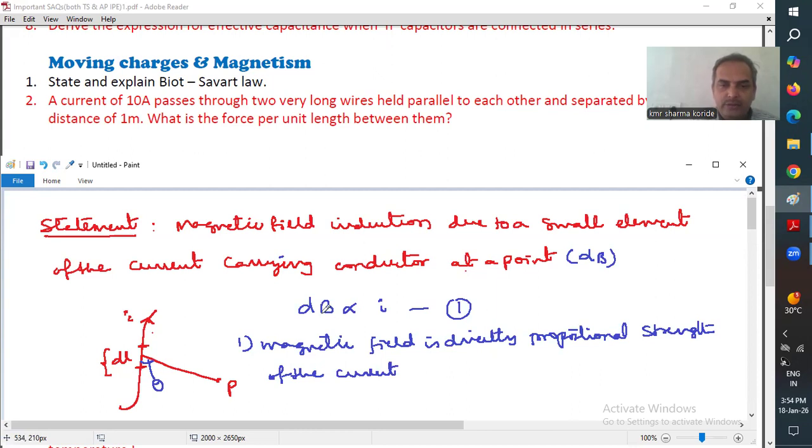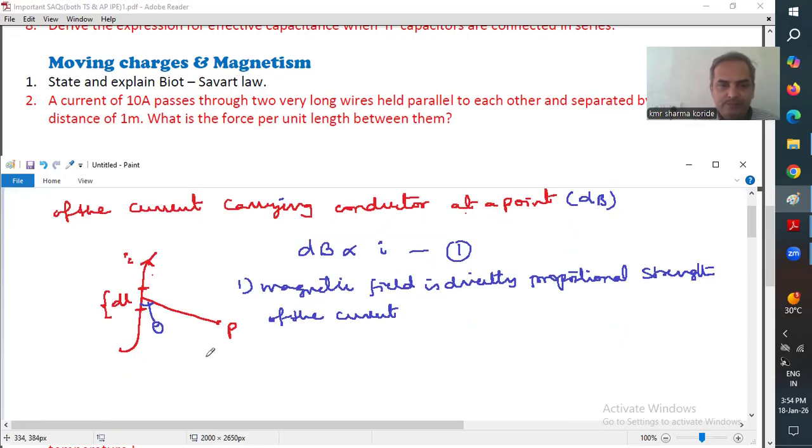So this is the first one. You can see the equation and understand the sentence. The second one is dB directly proportional to dl. What is dl? The length of the element is directly proportional to dB. It means the more the length of the element of the conductor, the more will be the field at that point.